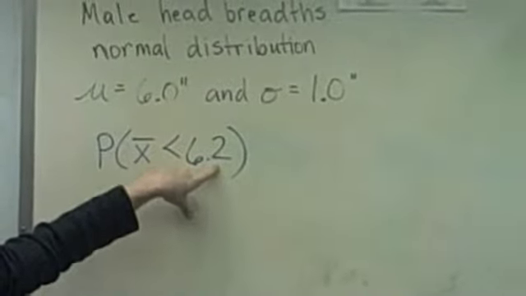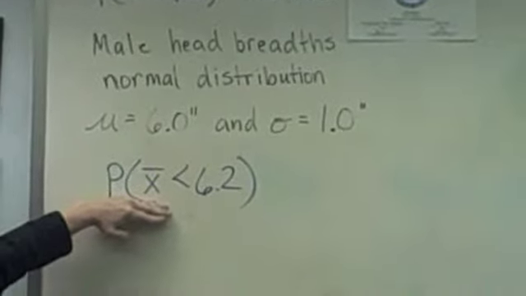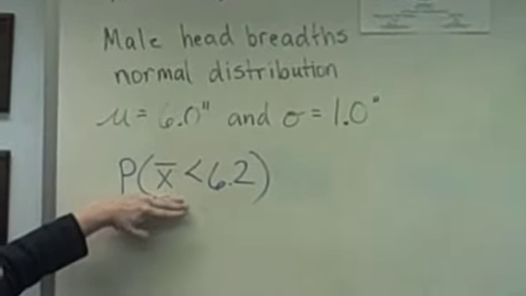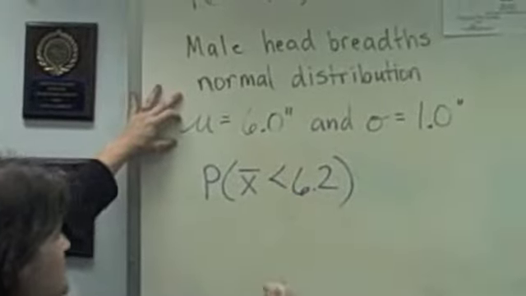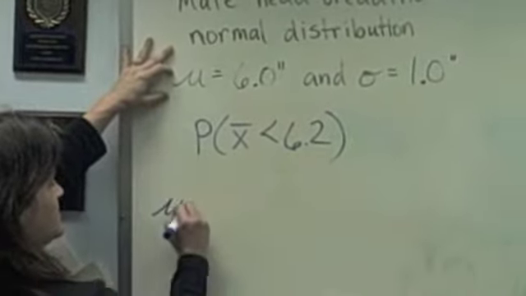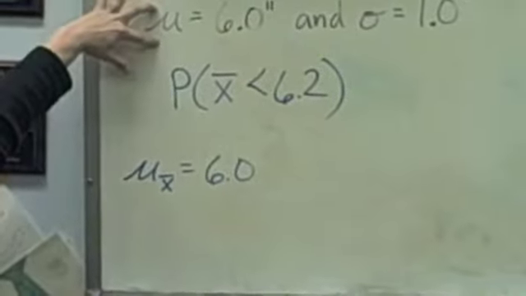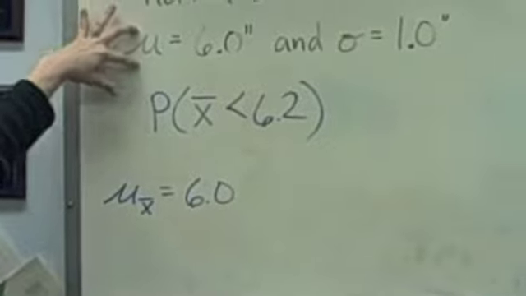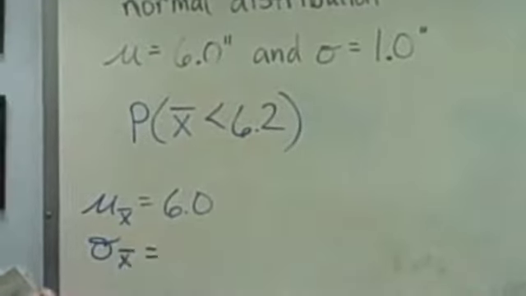That's a huge difference in that this problem is what we call a sampling distribution. And in a sampling distribution, we know that the mean for a sampling distribution is the same as the original population mean. But the standard deviation of the sampling distribution is going to change.